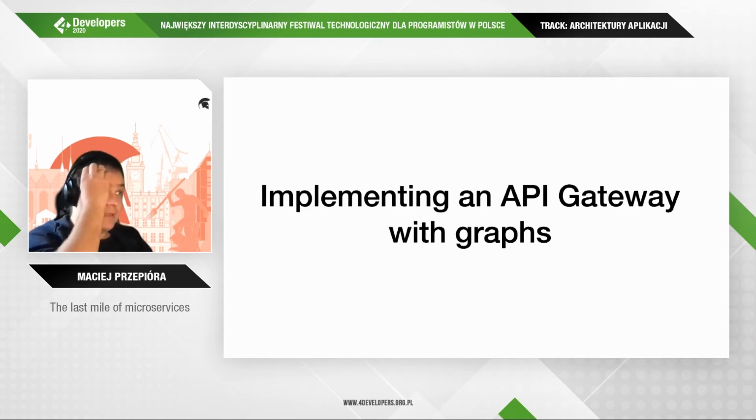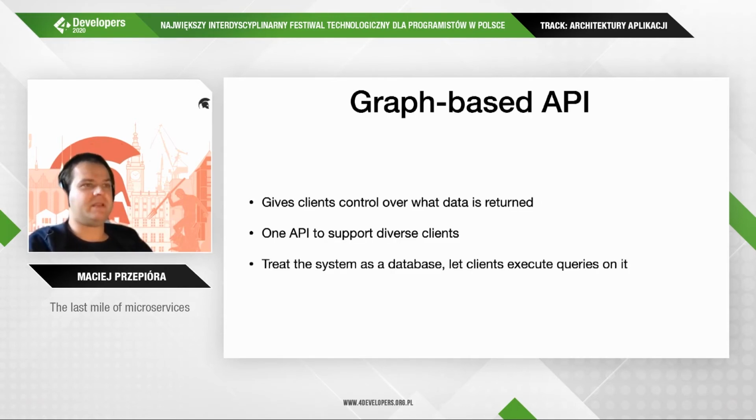The idea here is very simple. Let's invert the control. Let's use the inversion of control principle. Instead of straitjacketing clients into specific APIs, let clients choose what data they need from the system. And this is graph-based APIs.